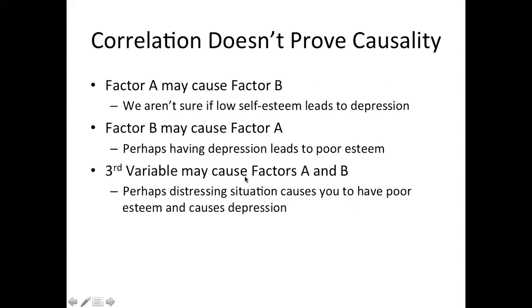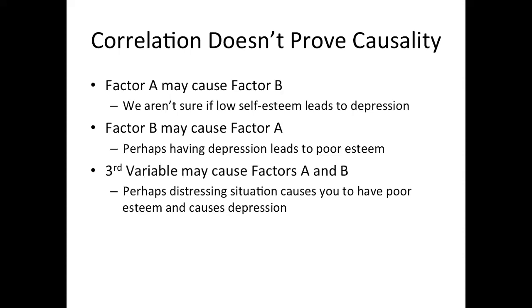Now, we said in the previous video that descriptive observational methods allow you to describe behavior. Correlational methods allow you to predict behavior. But being able to predict an outcome is not the same thing as saying factor A causes factor B. So correlation and causation are not the same thing.